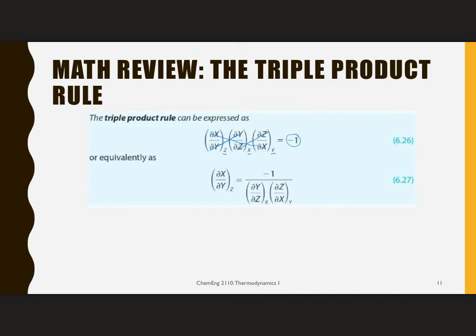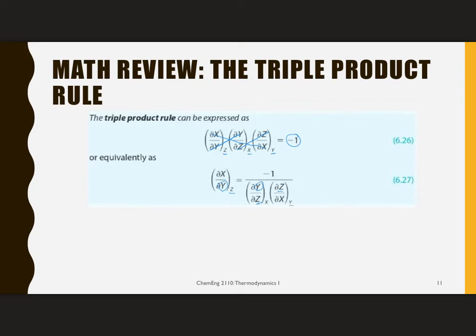That gives me this product of -1. Now this can also be written in this other way, which is somewhat more useful, because what it says is we want to look at how x changes with y at constant path z. It is -1 over how y changes with the path z holding x constant times how z, the introduced variable, changes with x at constant path y.